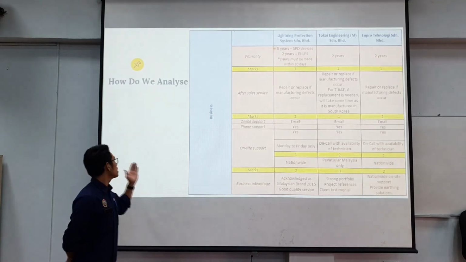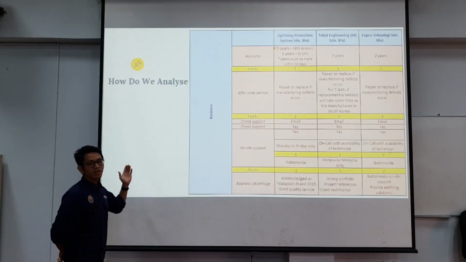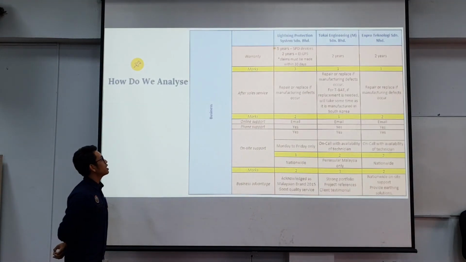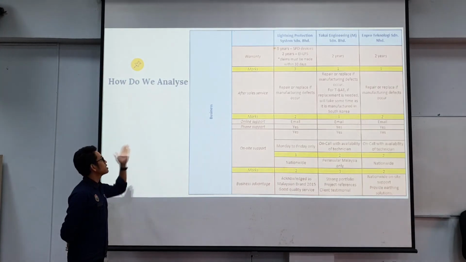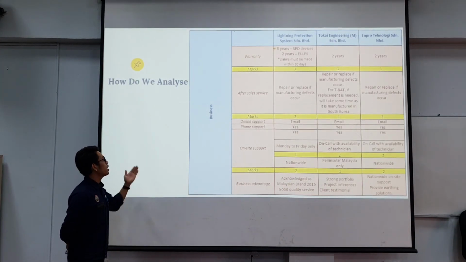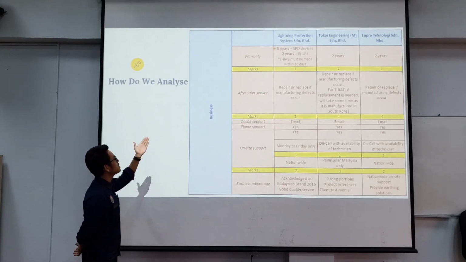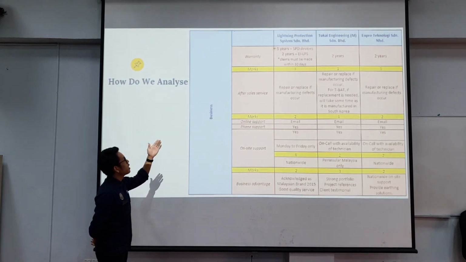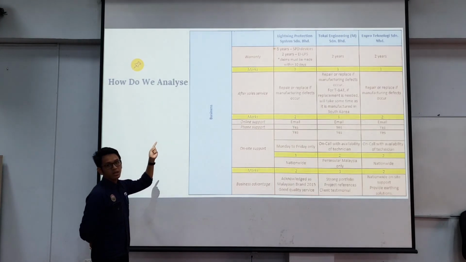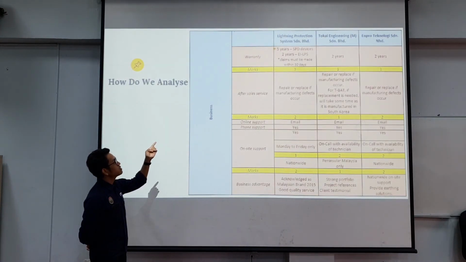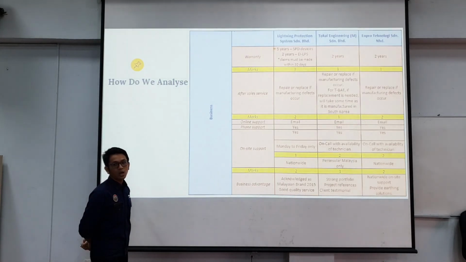So this is the business model for the 3 companies that we chose, where we look at warranty and service and on-site support. We can see here that the LPS Lightning Protection System Sdn Bhd company has the highest warranty.